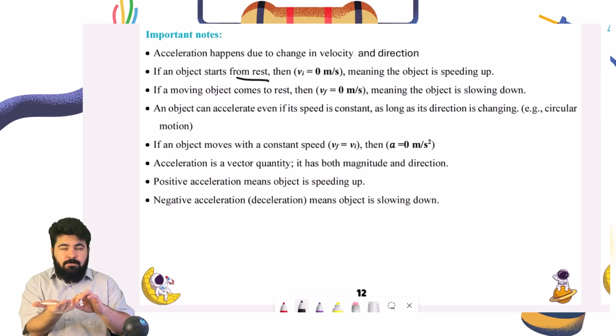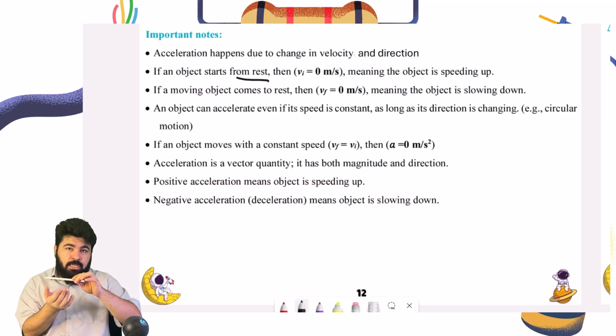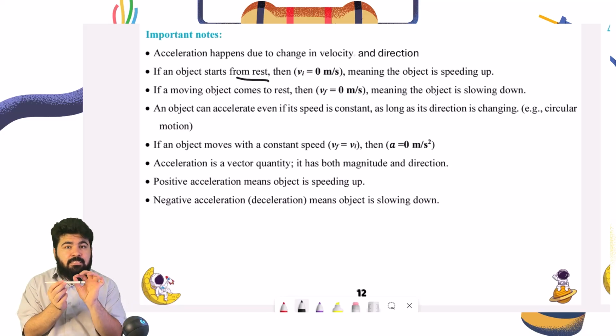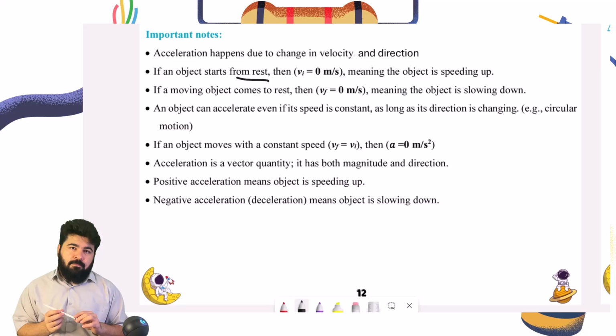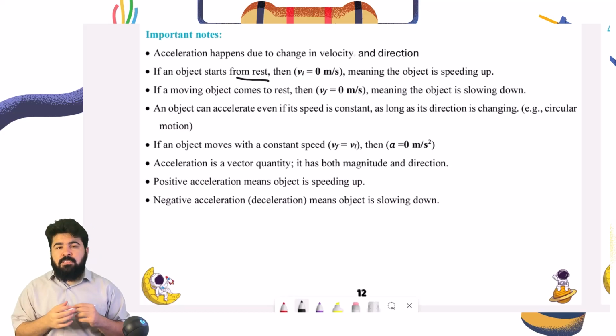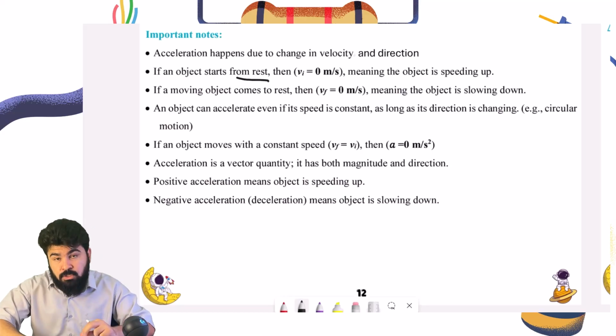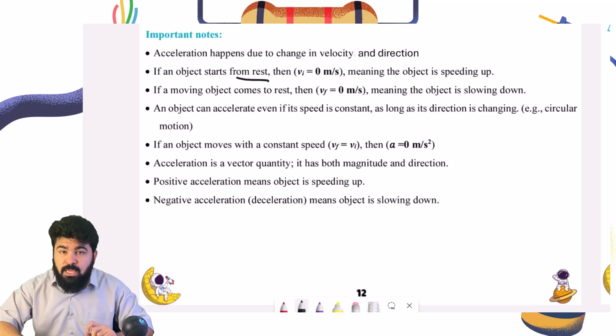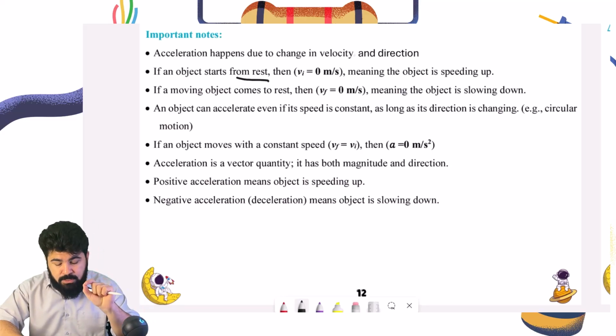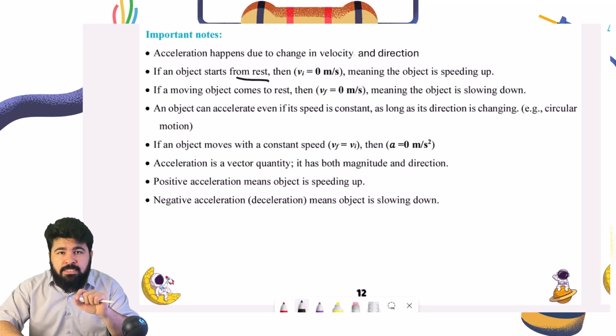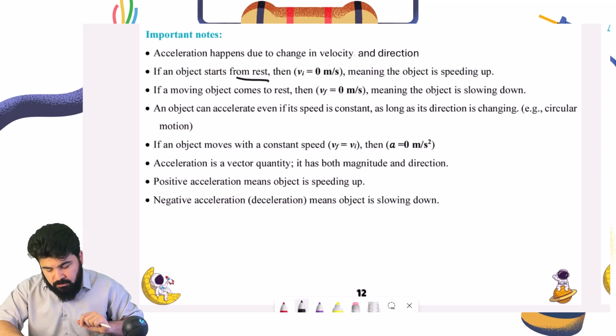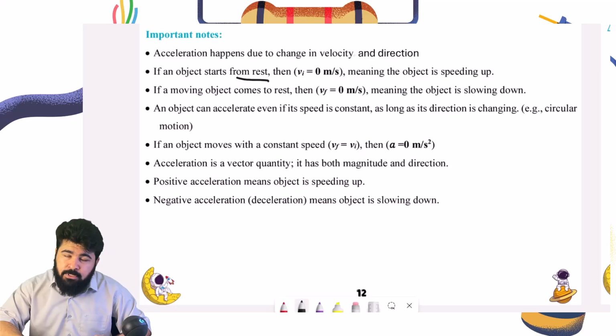If it starts to move, it means the pencil started moving from 0 meters per second. So this is V initial, which is equal to 0. Careful: if we say an object starts from rest, V initial is equal to 0, which means the object is speeding up.